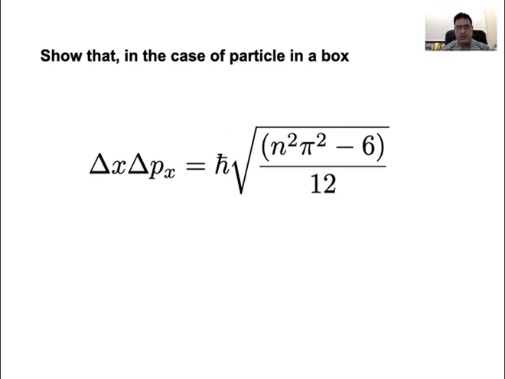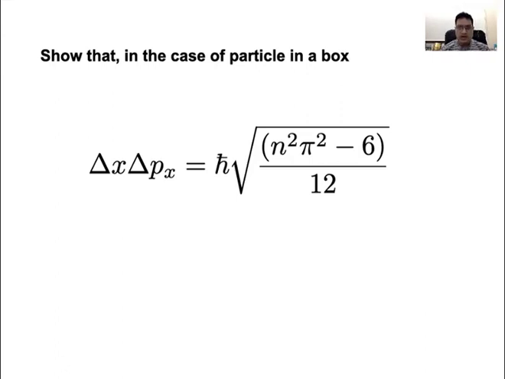Now once you have obtained the expression for phi n of x, then it is easy to compute the uncertainty in x and the uncertainty in px, and if you take the product of these two, then you can show that for a particle inside a rigid box, delta x delta px is equal to h cross times square root of (n square pi square minus 6) over 12.